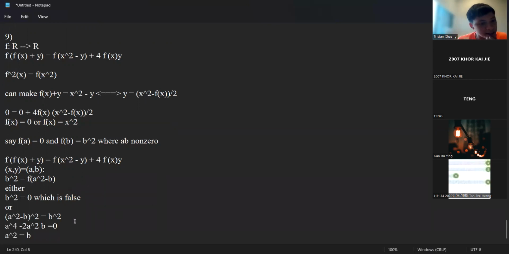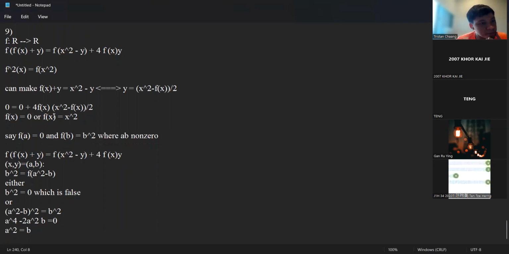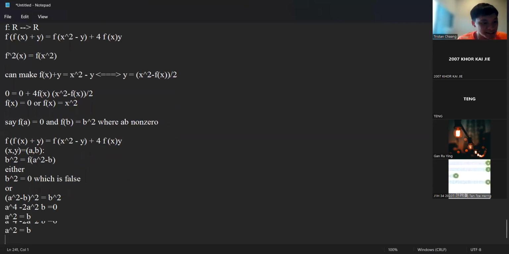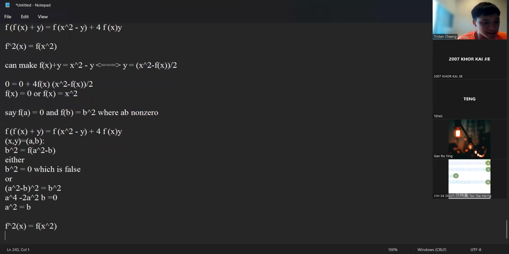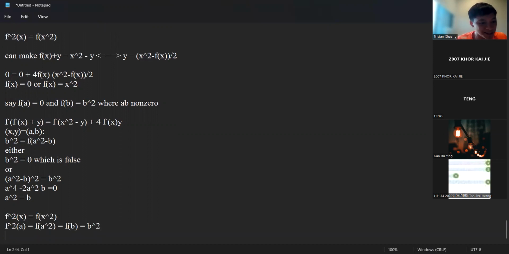And we're not done yet. Let's see. f of a to f of a squared. Now we can use this condition, I think. So f squared of a equals f(a) squared equals b, f(b), and this is b squared.